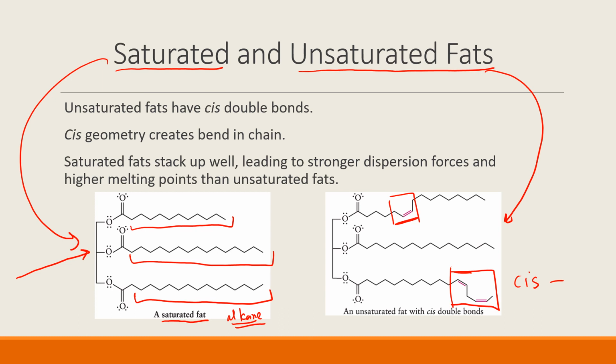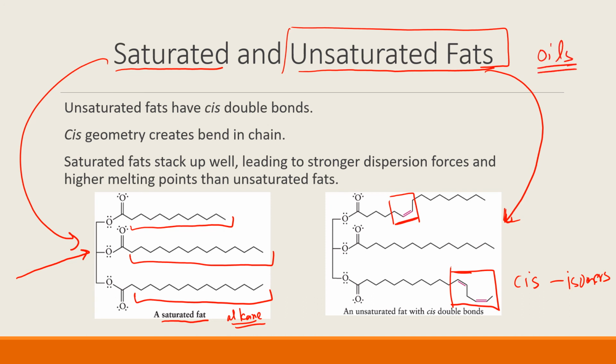The overall shape of cis isomers present in the unsaturated fats will cause the packing of these molecules to be loose, which results in lesser intermolecular interactions, and hence unsaturated fats are normally oils.